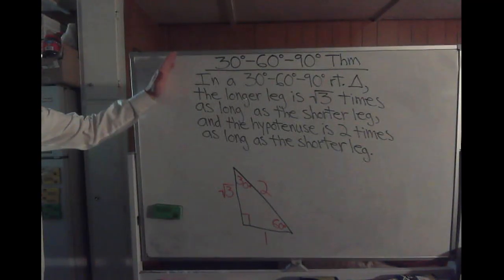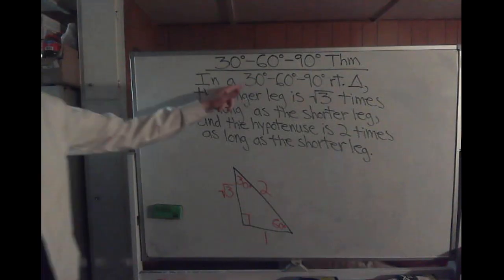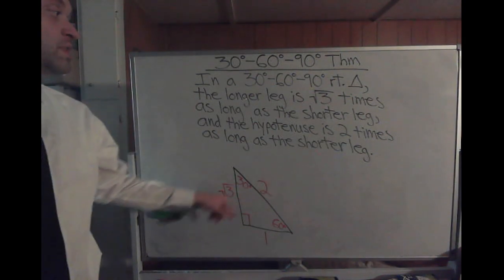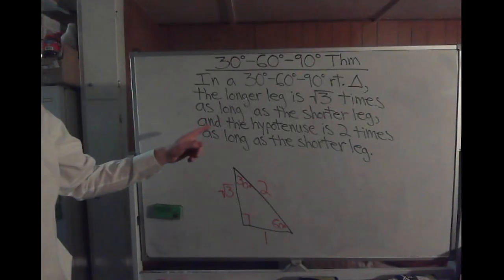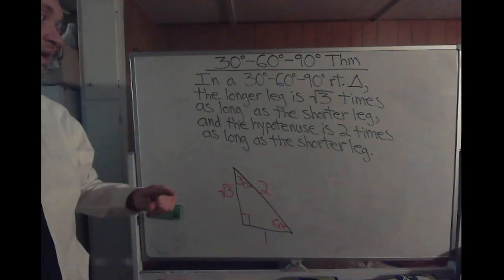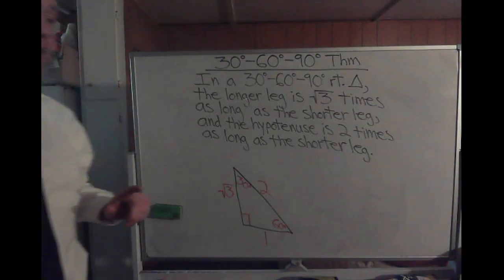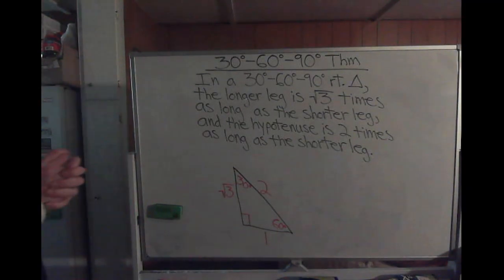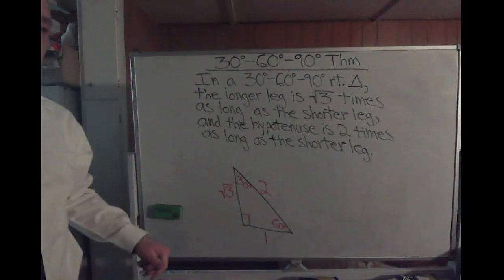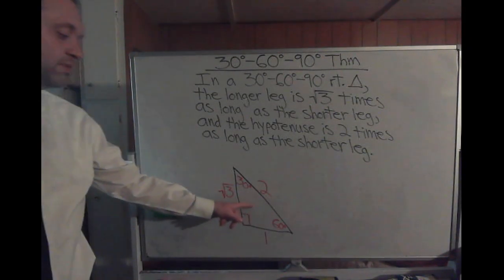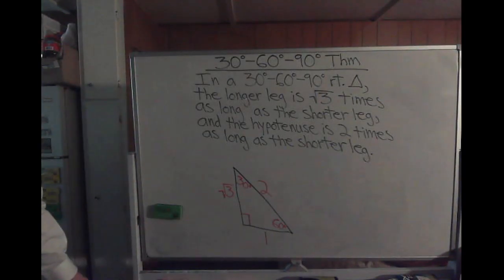The 30, 60, 90 theorem states that in a 30, 60, 90 right triangle, the longer leg is the square root of 3 times as long as the shorter leg. And the hypotenuse is 2 times as long as the shorter leg. So, of course, the shorter leg is always going to be across from the 30 degree angle, and the longer leg will be across from the 60 degree angle.